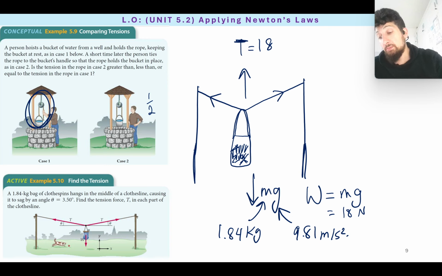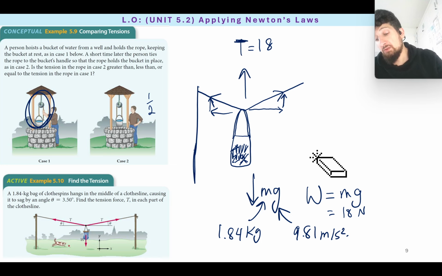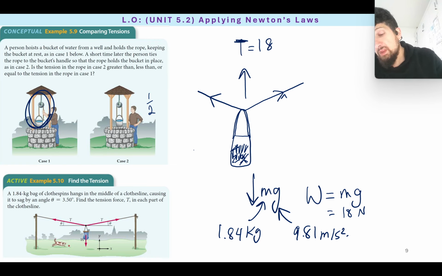The 18 up is divided across two, but it's only the y component of both axes. So what we have is a triangle, and we have a force acting this way and a force acting this way. And likewise, we have a force acting this way and a force acting this way. So just to be more accurate, I'm going to get rid of the two poles, and I'm going to keep the rope, but I'm going to also draw the other parts of this triangle.